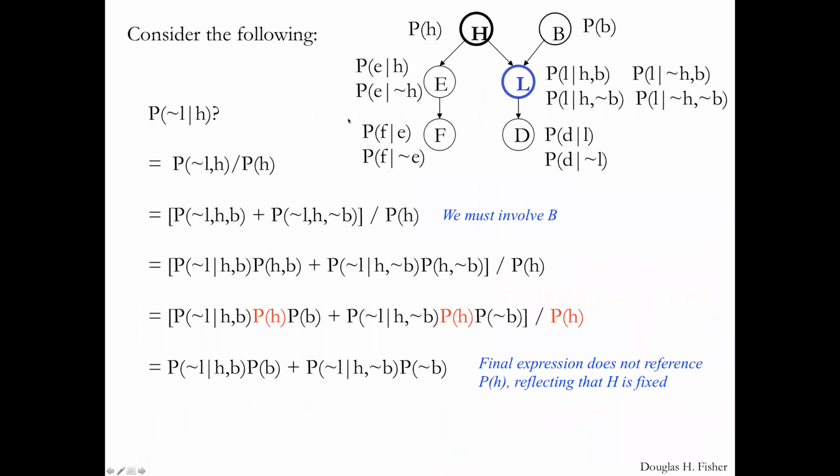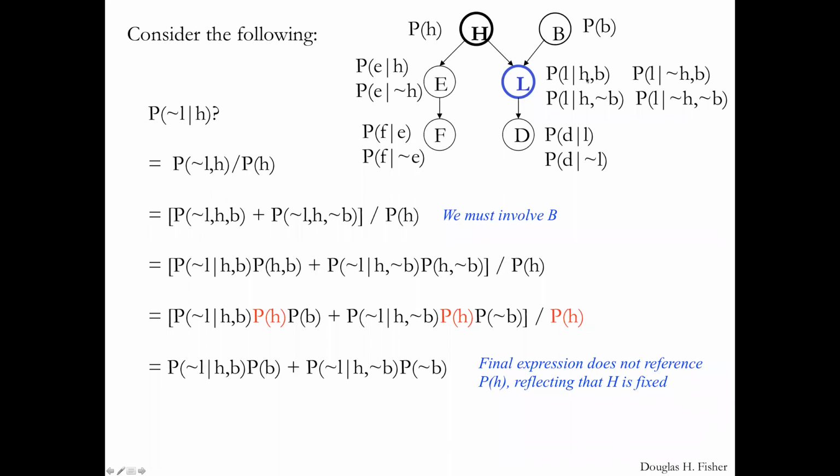Here's yet another probability. In this case, we are given only one of the parents, and we are going to still have to involve the other parent. We can rewrite this as the joint probability of not L and H divided by the probability of H. But there is no probability of L given H in our probability tables.